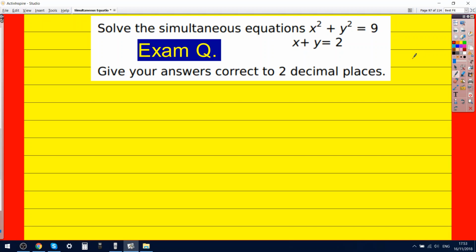This one. Okay. Any idea how you do this? Not really, to be honest. What if you made the second one y equals? What would it be?